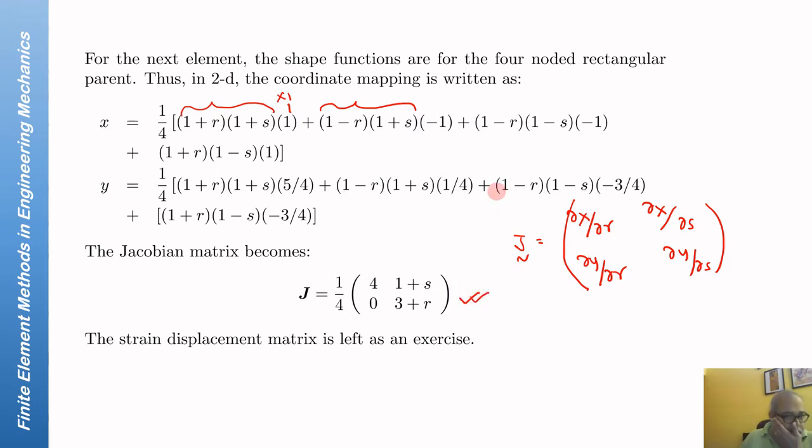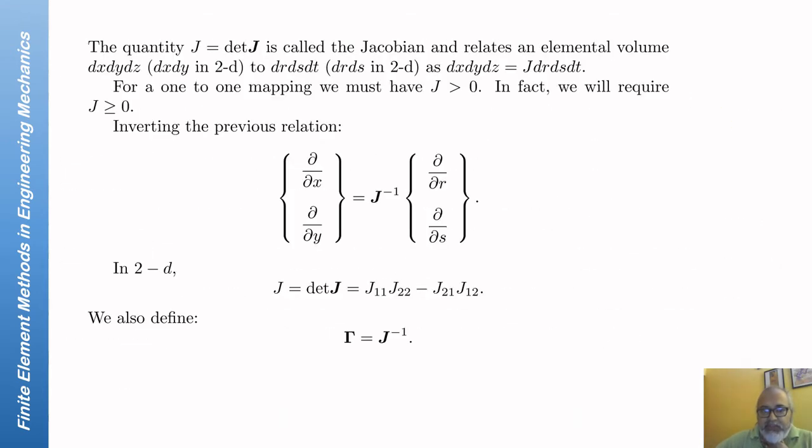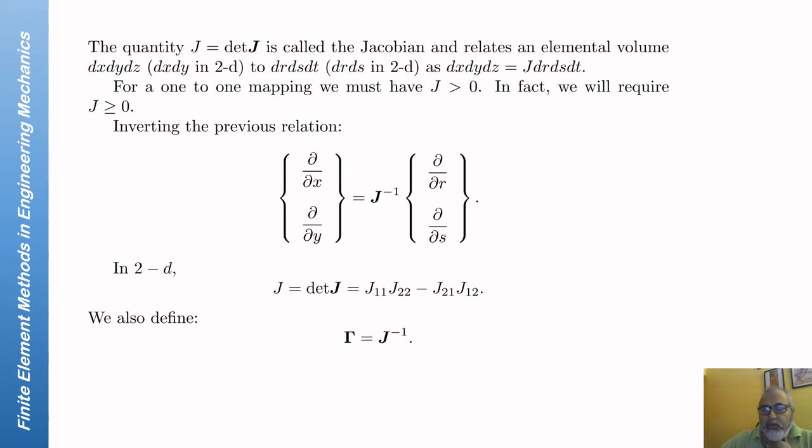Once you have got the Jacobian, you will have to get the strain displacement matrix. We have talked about it before. This is the form of the strain displacement matrix. In this case, I leave it to you to find out the strain displacement matrix on your own.